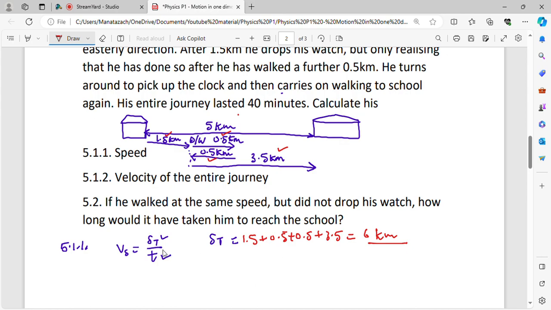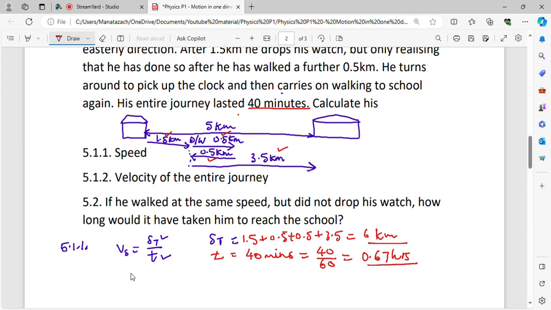The time given to us is 40 minutes. So this is t, which is 40 minutes. Let's convert it to hours by dividing by 60. So this would be 0.67 hours.